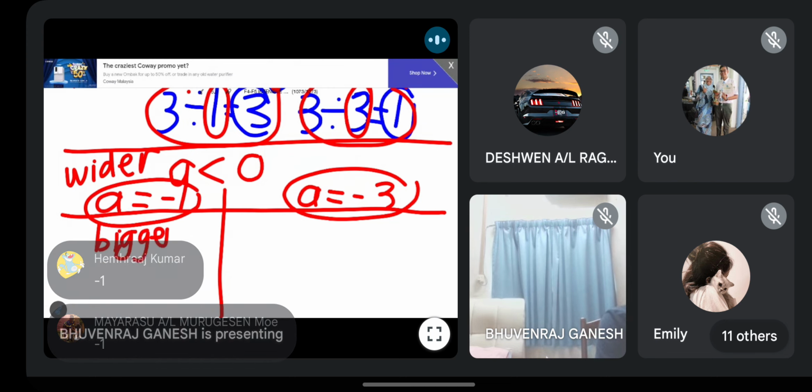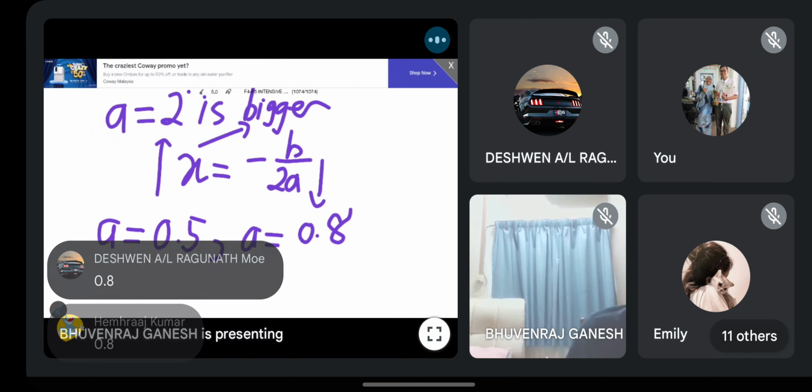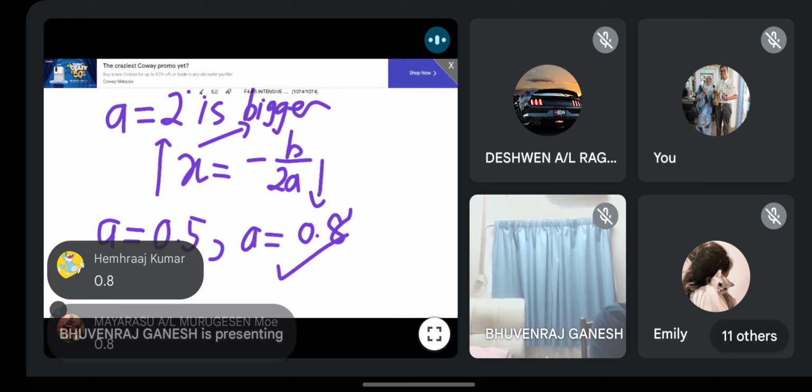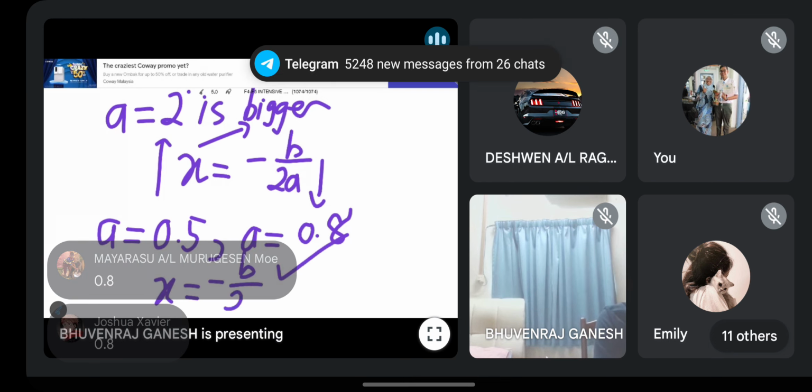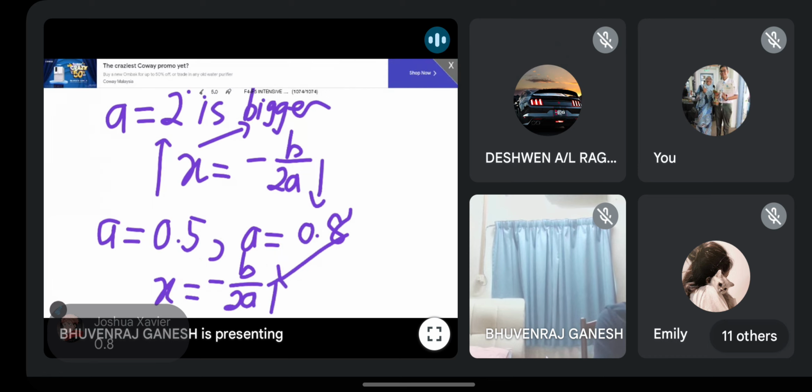Think fast. Careful. Okay, so the answer you will get is this one. Concept again, x equal negative b over 2a. When a is bigger, the graph will be smaller. Refer to the value of x. X smaller, a larger. So this is the concept you all must know.